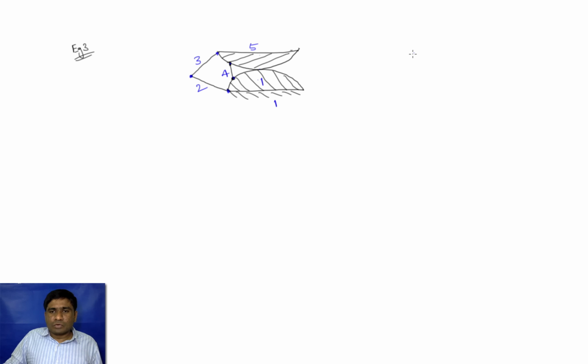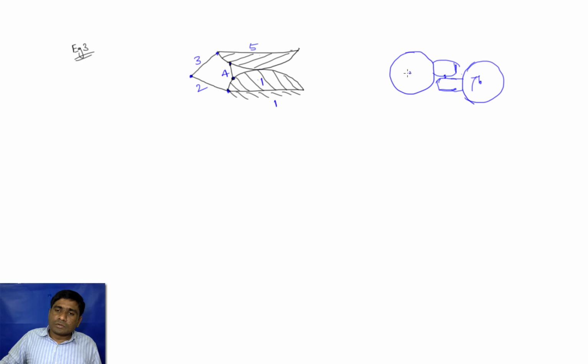If you take a gear with a gear tooth like this, and it is engaged to the other gear with another tooth, then when this gear is rotating, this tooth touches the other and rotates it in this direction.